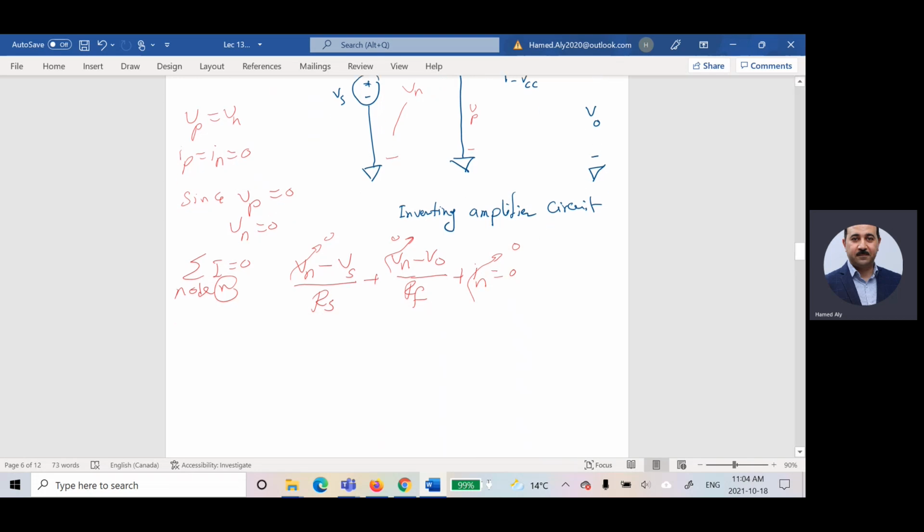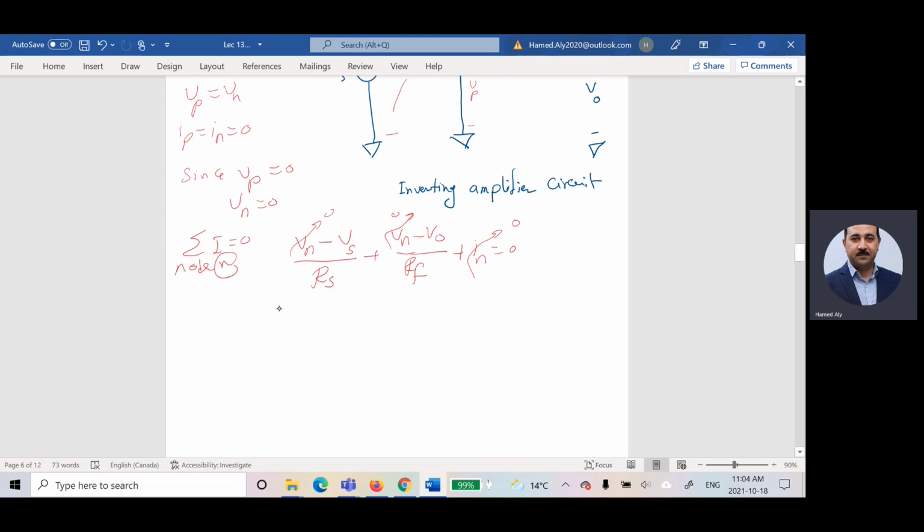If you rearrange your equation, you will realize that VO is equal to negative RF divided by RS multiplied by VS. Based on that, VO over VS equals negative RF divided by RS, and this is the relation between the output and the input.